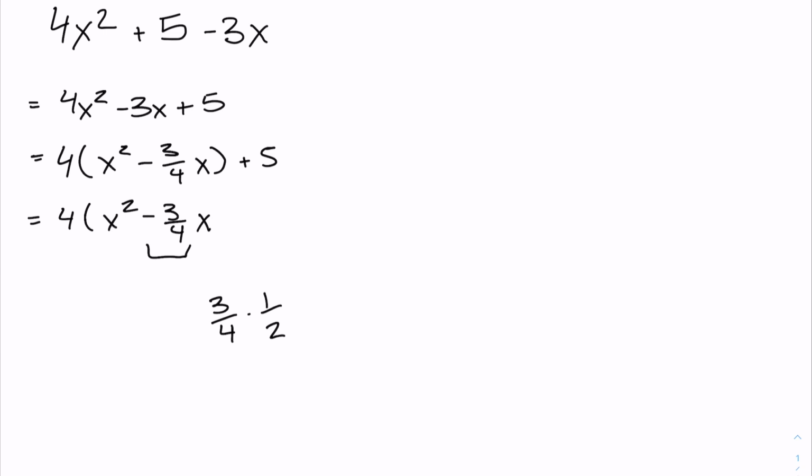So what we get here is 3/8, and we're squaring it. When you square a fraction, what you're doing is squaring the top and squaring the bottom. So squaring the numerator and the denominator. And that is going to give you your third term here, which is now 9/64.